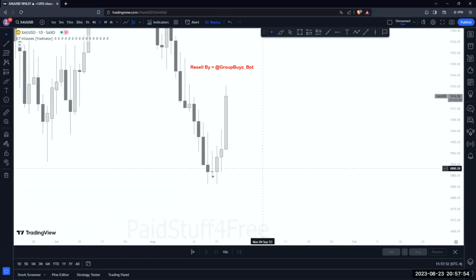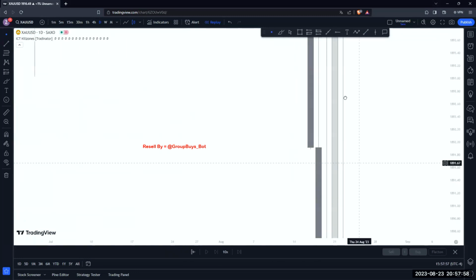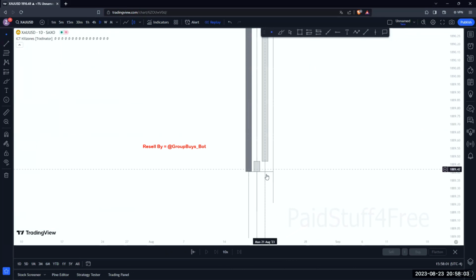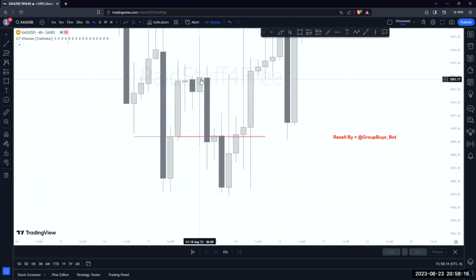So check this one out. What do you see here? On a fresh level. But what happened here? Daily rejected. Yeah, daily reject. So when you go to H4, do you have the breakout?